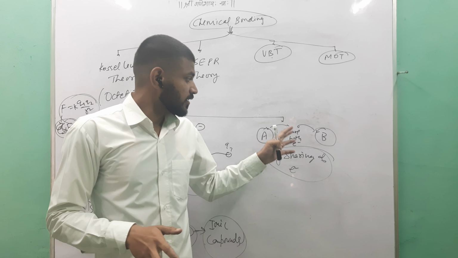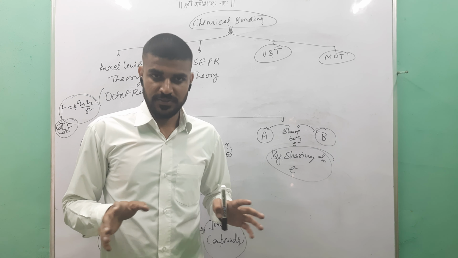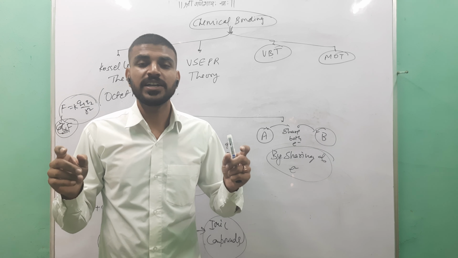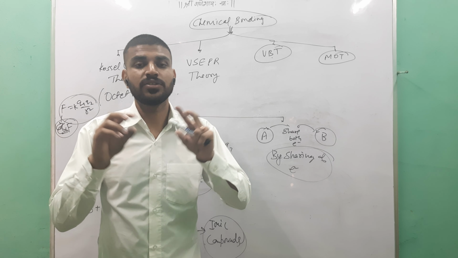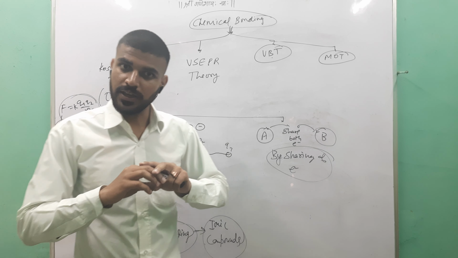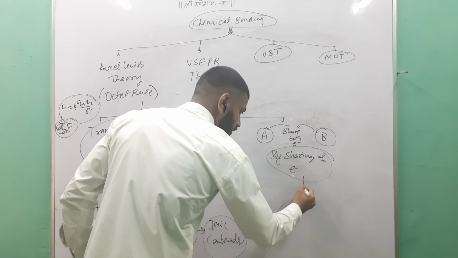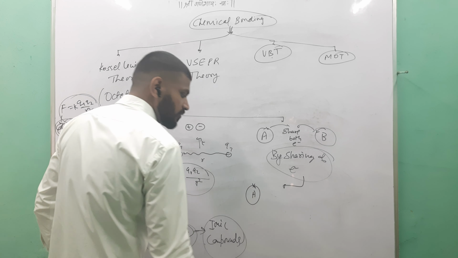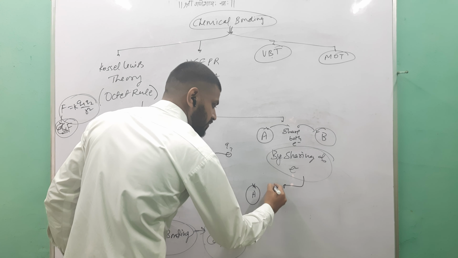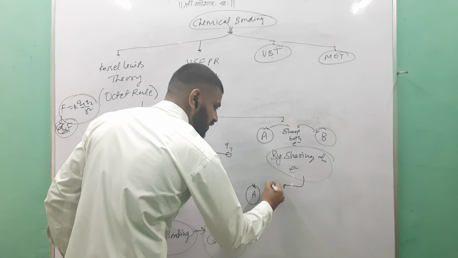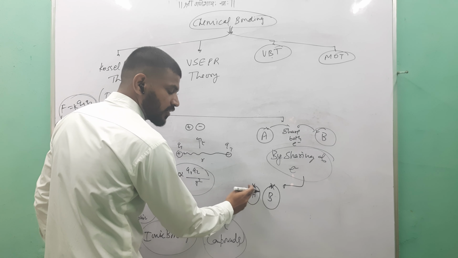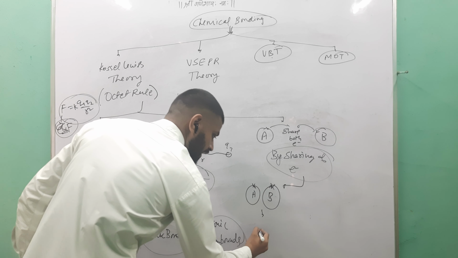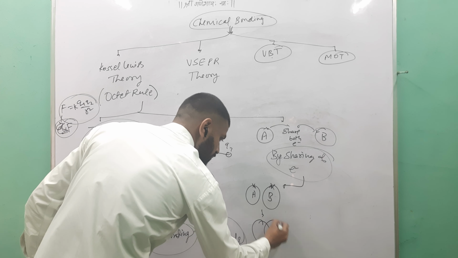Similarly, these bondings are of two types. One is where both atoms are sharing electrons with each other. Okay, how? Let's say A has one electron and B has one electron. They are sharing the electron and making this possible.